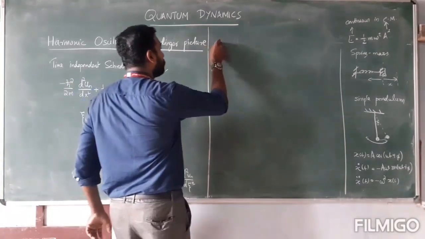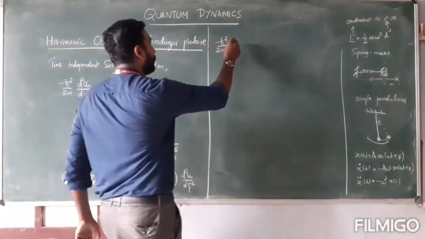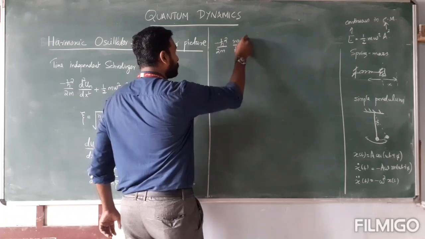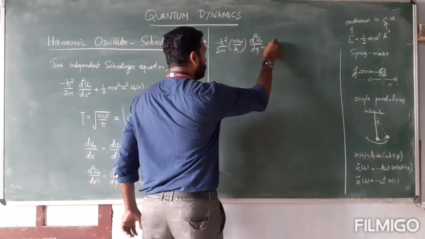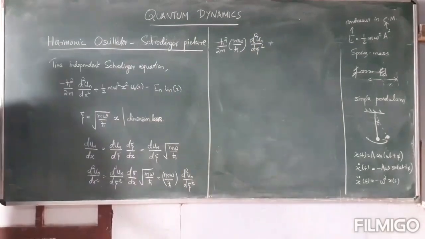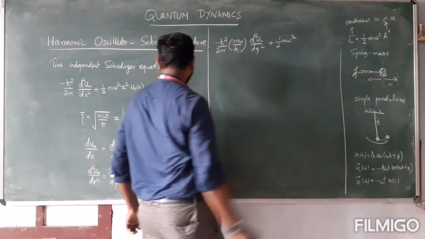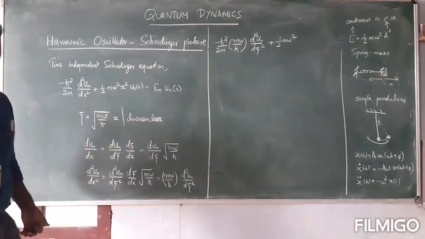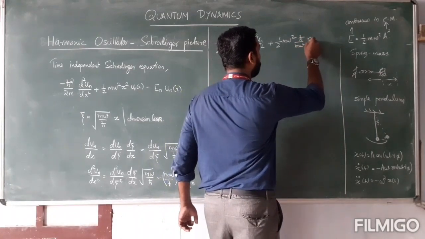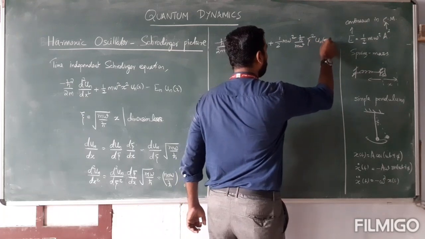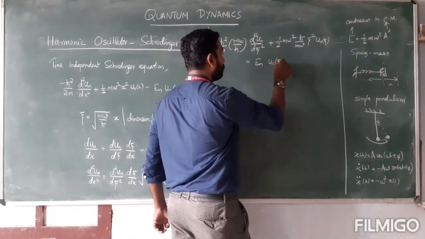So this equation will become minus h cross square by 2m into m omega by h cross d square un by d theta square plus half m omega square, and instead of x square I can write h cross by m omega theta square, times un of theta, and that will be equal to en into un of theta.